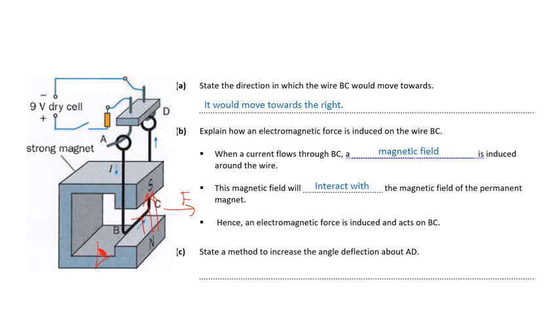There are many ways you can do it. You can increase the current, strengthen the magnetic field, and so on. In this case, what we can do is add more cells in series in the circuit, and that would increase the current coming from the circuit before it goes through BC.